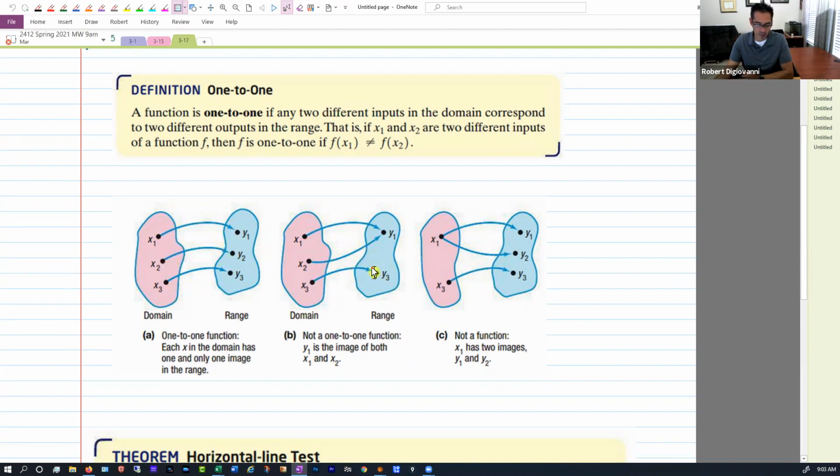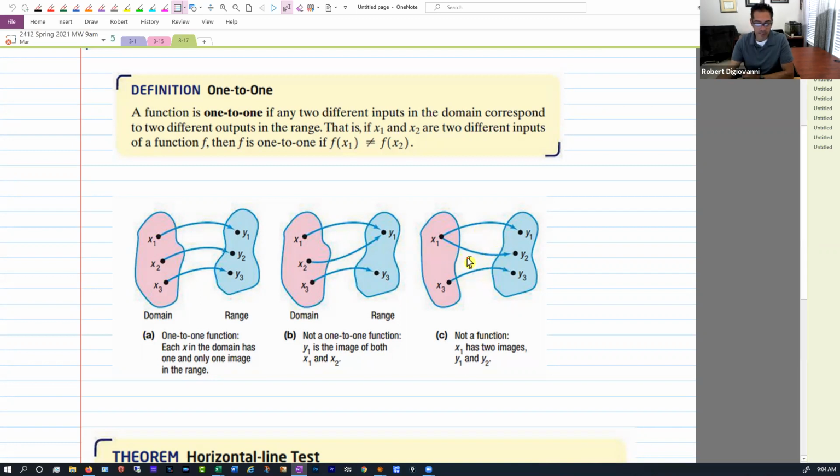Like this right here would fail to be one-to-one, because for this output, there are two inputs that go there. This would be a function, but it would fail to be one-to-one. Do I need to clarify that? Does that make sense to everyone?